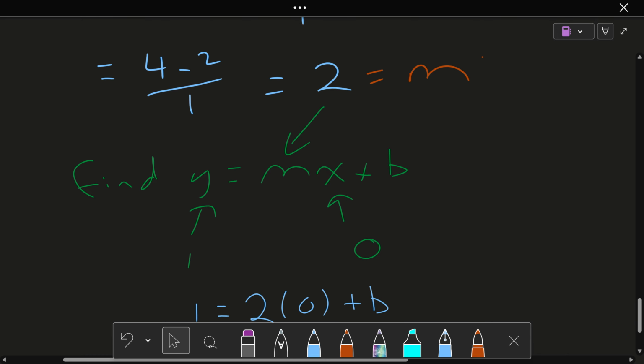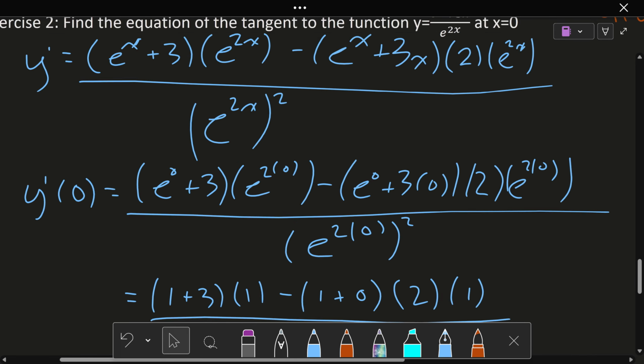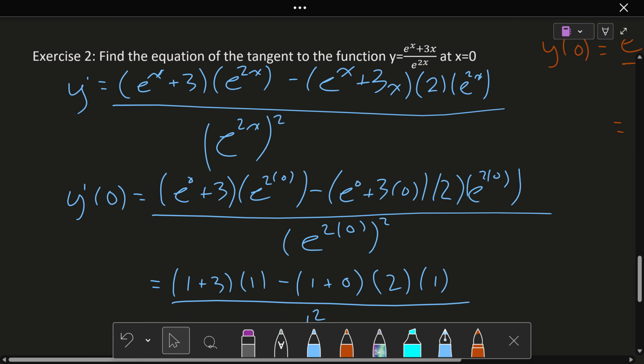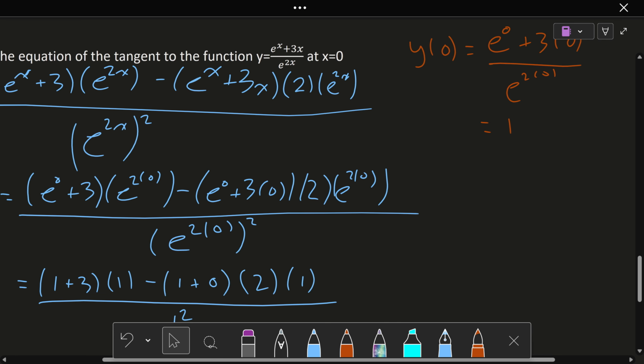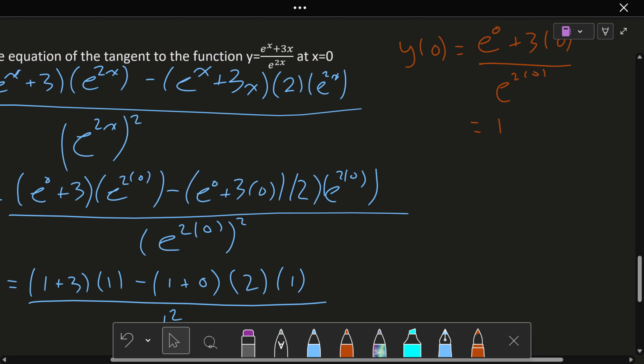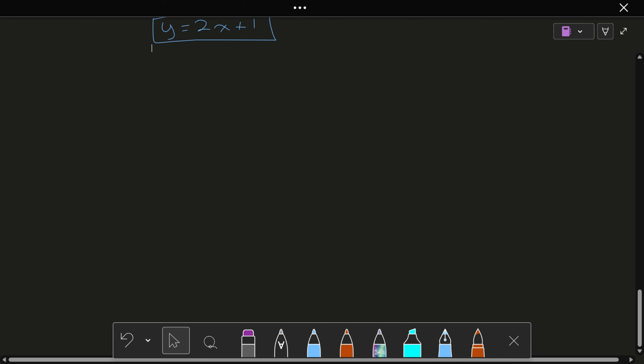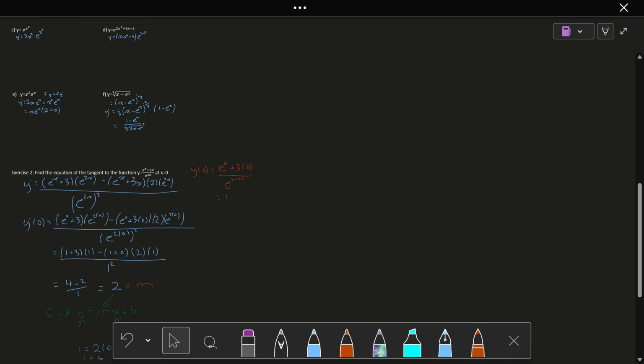This is going to come back time and time again where we're asked to find the equation of the tangent to a function at a given point. I just knew x was equal to 0. I could do this in any order, but because it's calculus, I take the derivative right away. I know I'm going to have to. Then I found my y at 0 after I knew my slope at the given point, and then I found my equation. Okay, so that is Euler's number.